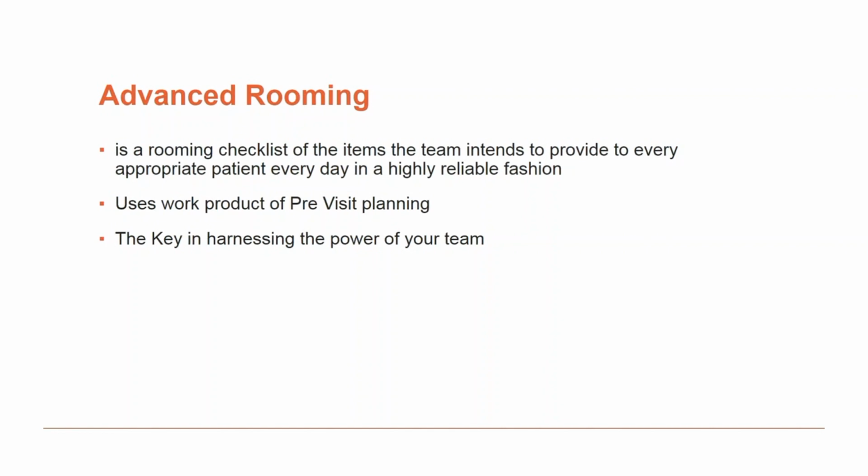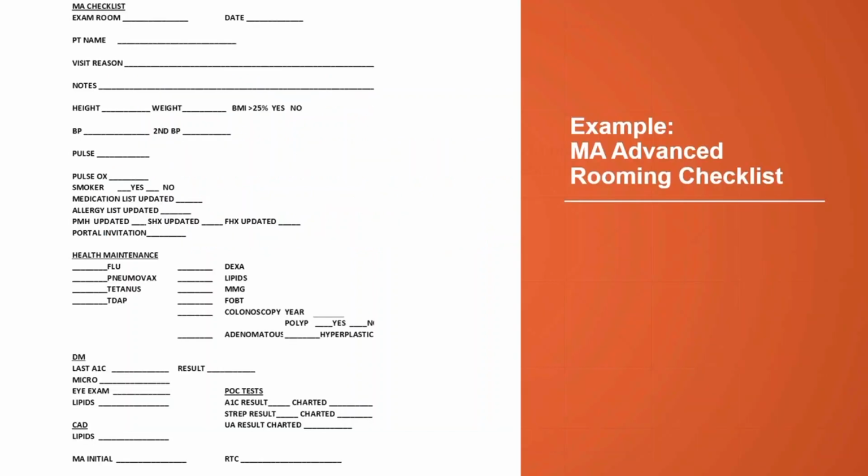Here's an example of a medical assistant advanced rooming checklist, and I mean, almost everybody has a face sheet or something you use when the patient goes in the room. This is just increasing to the items that you want to cover for every patient and have done automatically, following your internal rules if you want to.